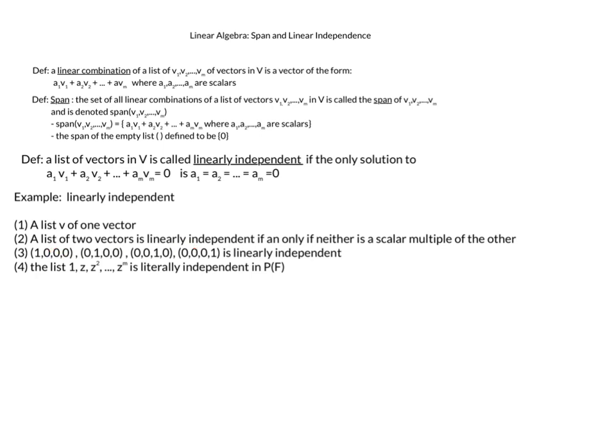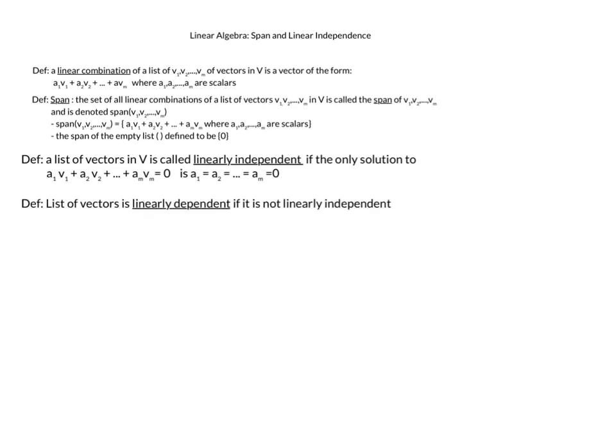These vectors are all linearly independent because you can't stretch one vector to make any of the others, since you would also have to rotate, and all you get is stretching and adding. The list 1, z, z squared up to z^m is linearly independent in the polynomials. So this is your basis for the polynomials.